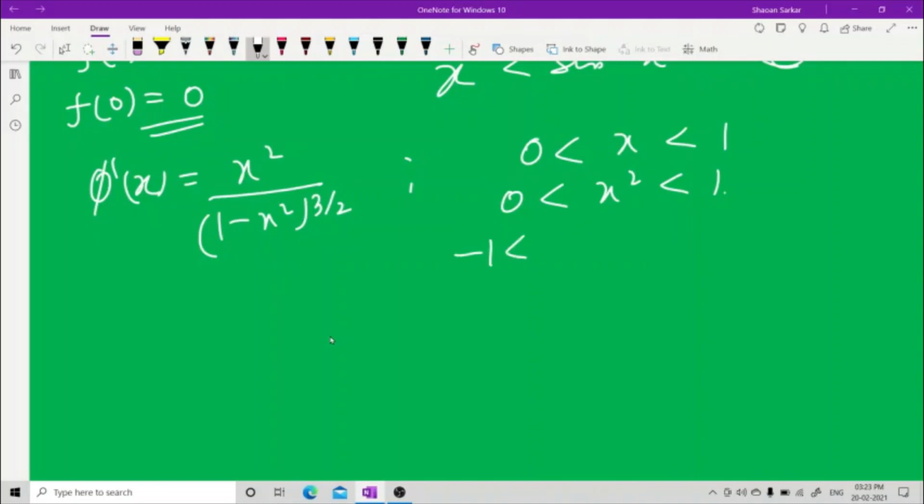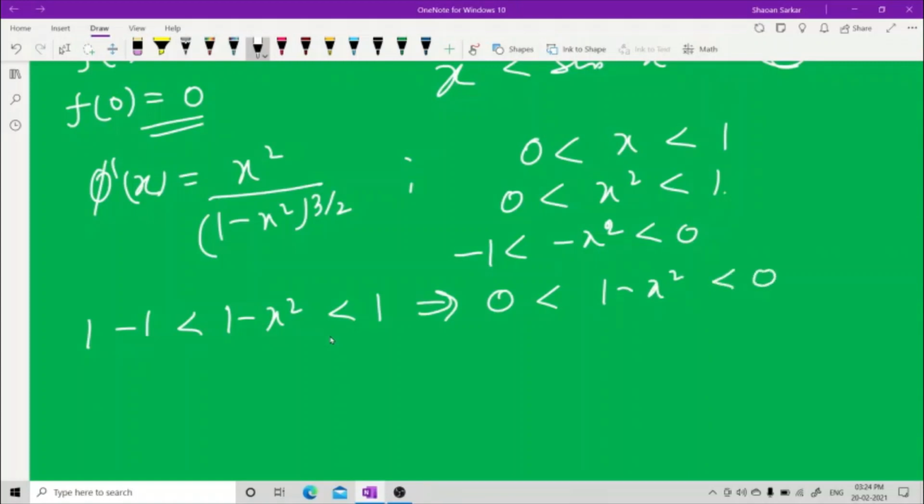So minus 1 minus x square is less than 0. Add 1 on all sides: 1 minus 1 is less than 1 minus x square less than 1. This implies 0 less than 1 minus x square less than 1. Take the power 3 by 2 on all sides.